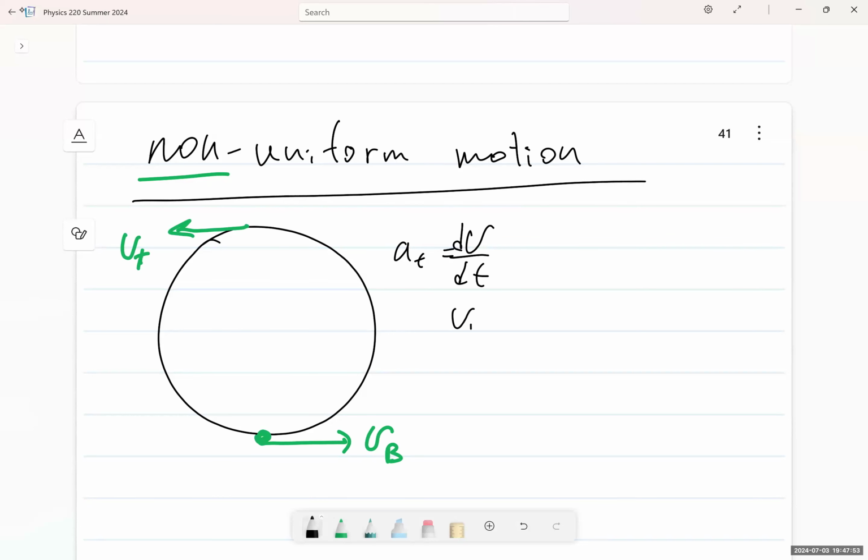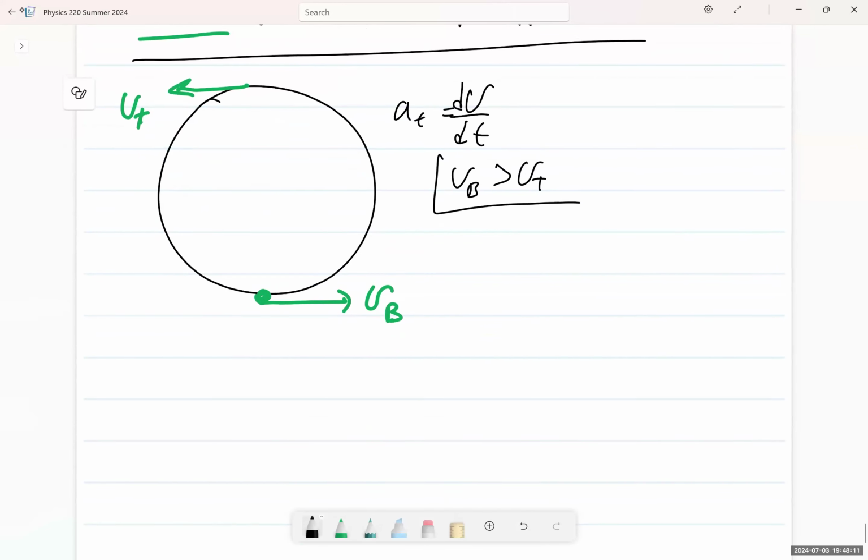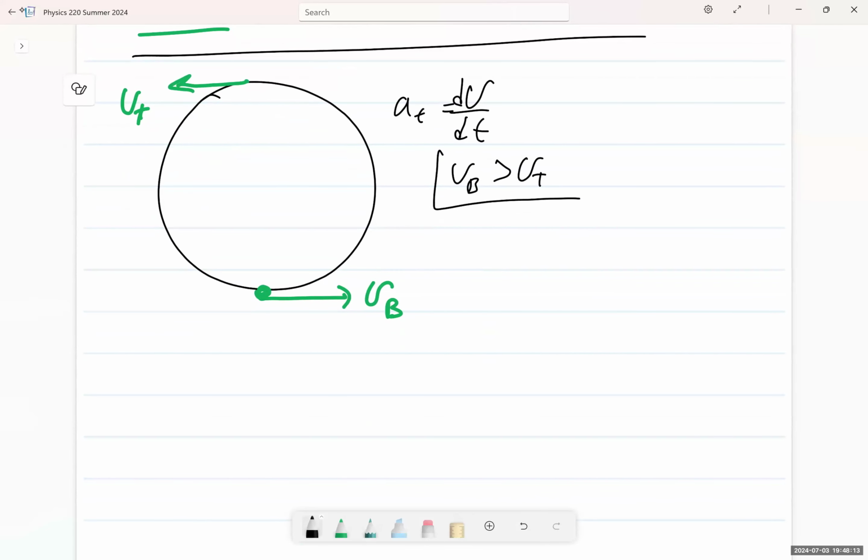So the speed at the bottom is generally going to be much greater than at the top. So non-uniform means you have changing velocity. All right, so generally this type of problem has sort of two different types. So for example, there's what we call a roller coaster.